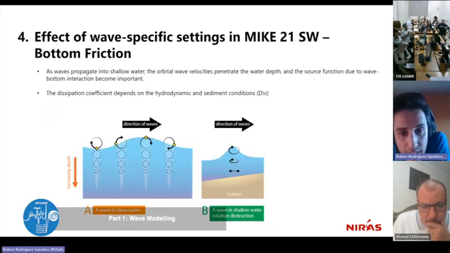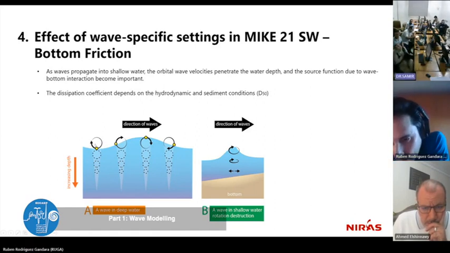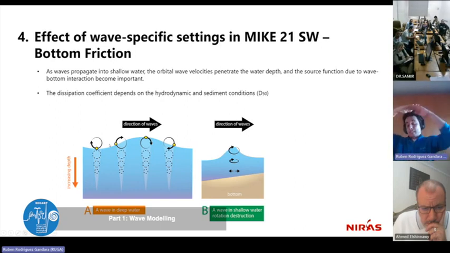And the last two concepts, bottom friction. How does bottom friction affect your simulations? As I've been telling you so far, when you are in deep water, as in this slide, the motion of the water particles within the water column is basically a circle. That is because the surface is so far from the bottom that it doesn't feel the bottom.